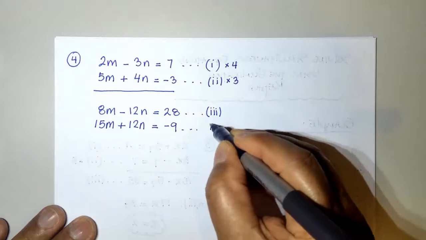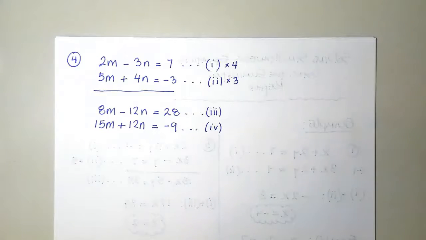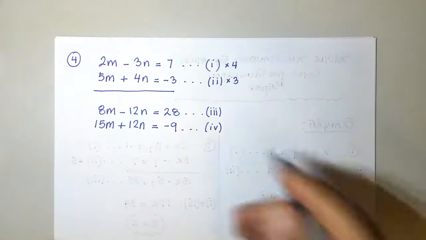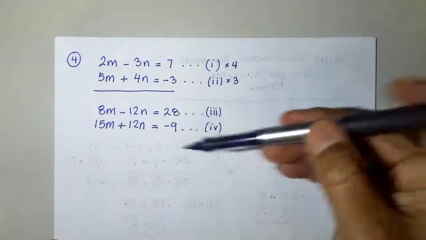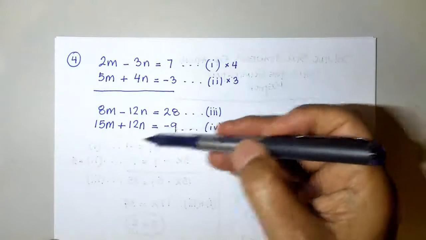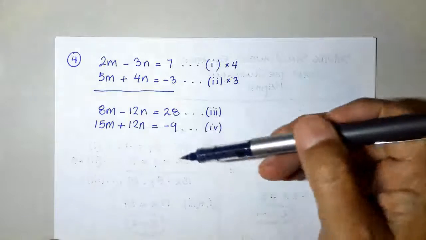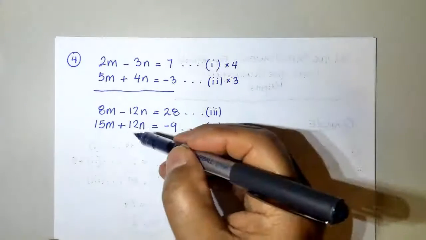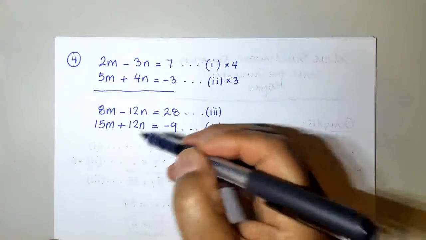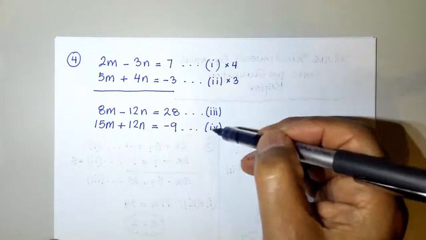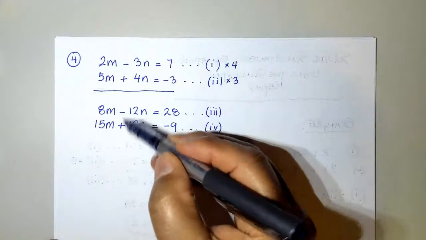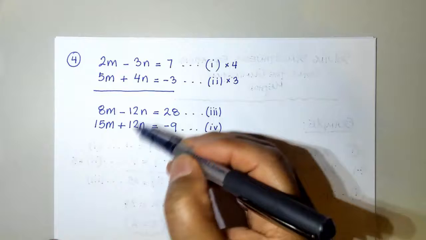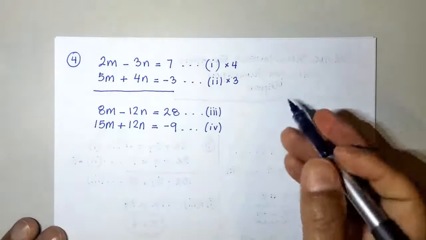Okay, and that will give us the other equation. And then in here, well, we can see that we're going to be eliminating the n. Okay, we need to eliminate the n, and we're going to do so by adding these two equations. Okay, adding because they have negative and positive, so when we put them together they cancel each other.